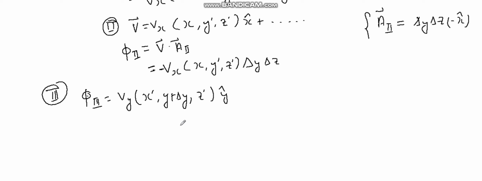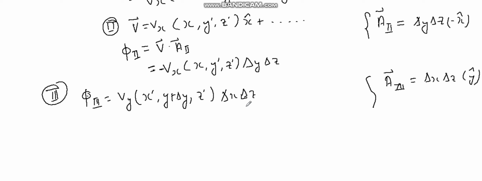And we have y cap, times the area vector of the third surface. That gives obviously dx dz y cap. So dx dz, right?